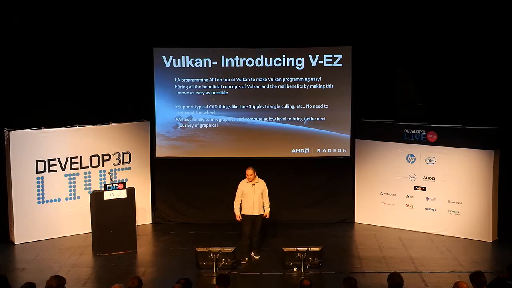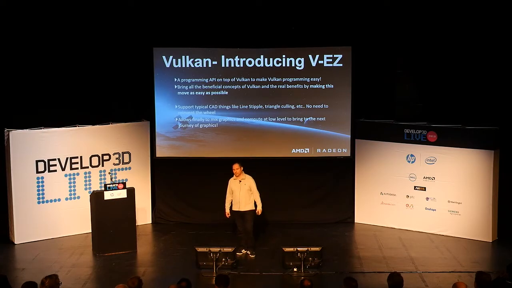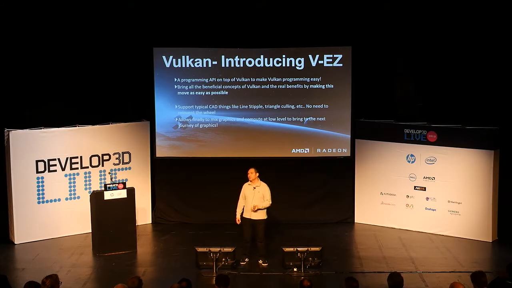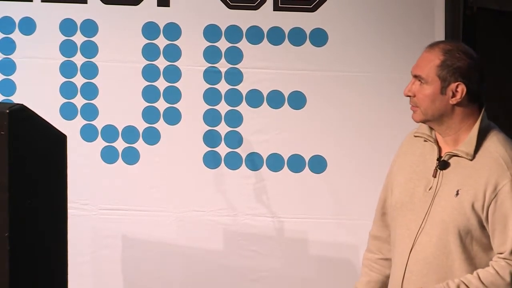And it's going to allow all the CAD applications, where they need a lot of very specific features, for example, like line stipple, where they need to go through advanced features that they didn't really use very well in the past, like triangle culling, occlusion culling, that were designed to render very large assemblies. And now they can use them, and they can use them using multiple cores on your CPUs, and obviously on the GPU.